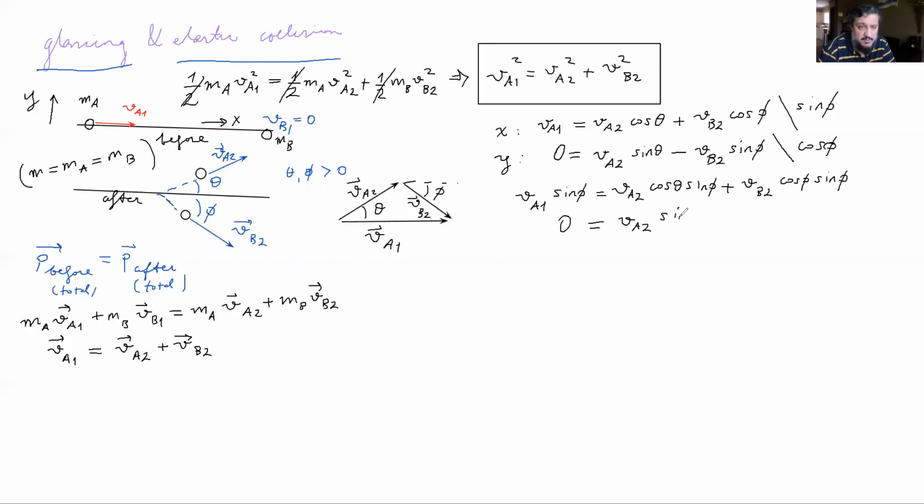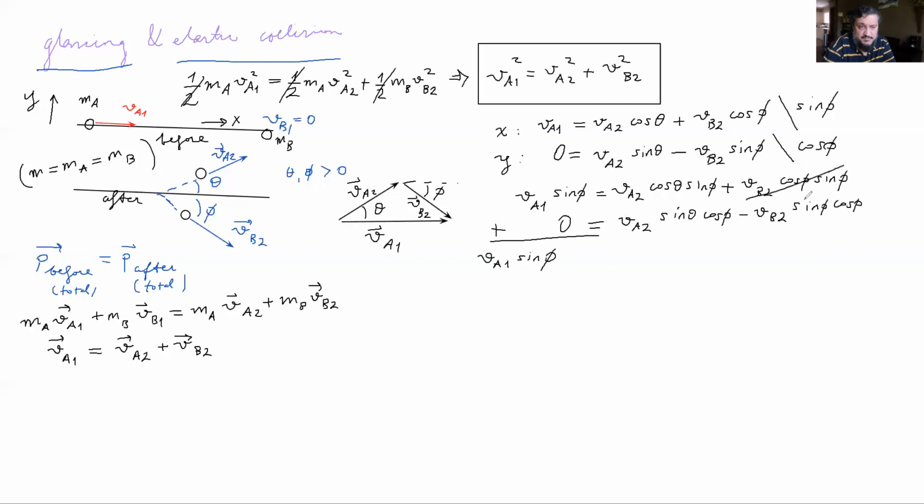VA2 sine theta cosine phi minus VB2 sine phi and cosine phi. Now if I add these, I'll get here VA1 sine phi.